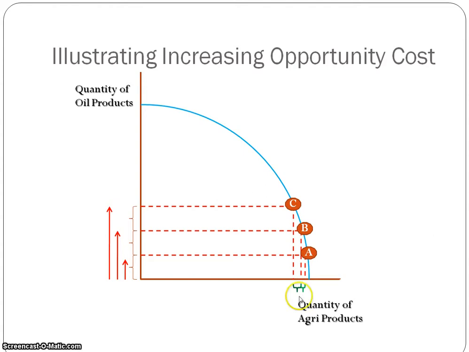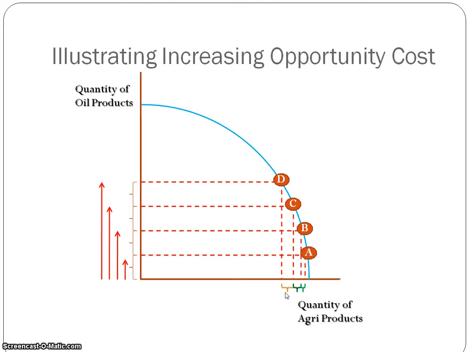Okay? But each time we reduce our production of agricultural products, the loss or sacrifice of units increases each time. We can continue to observe this phenomenon as we move from combination choice C to combination choice D. We increase production of oil yet again in an equal increment, but the amount we lose or sacrifice of agri-products gets larger.